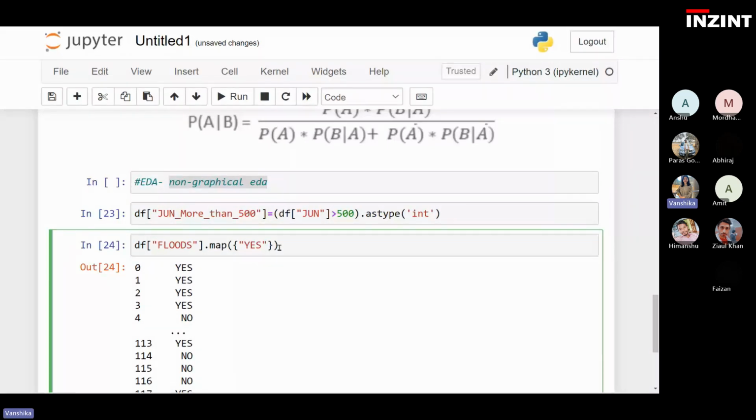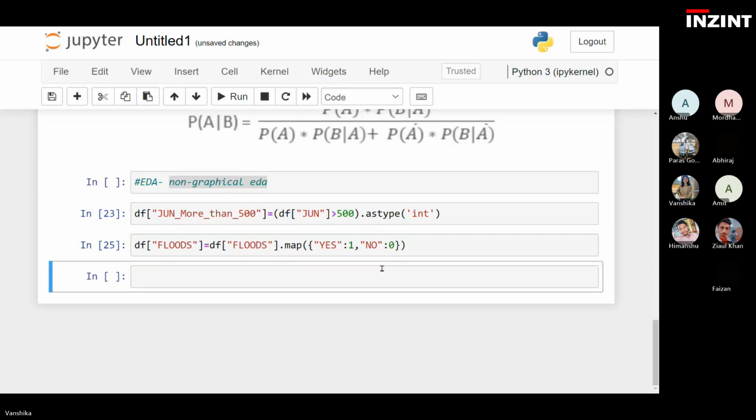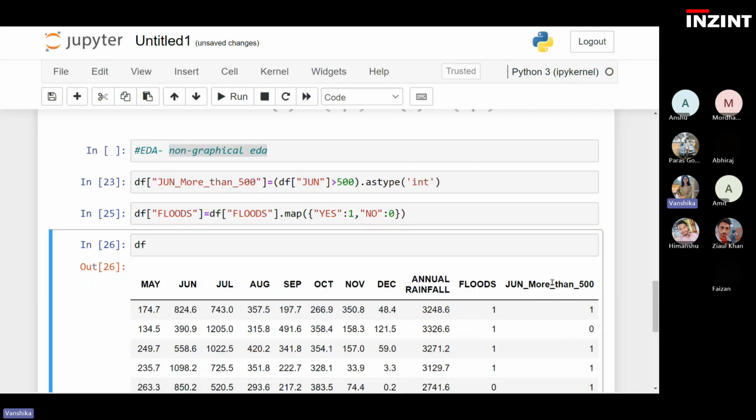Key is the current value and 1 is the value that you provide for the key. That is the number you want to replace it with. And I want to replace no with 0. Okay. And let's store it inside a column. We can rewrite the floods column. So I'll store it in the same column. Let's have a look at the data set. And if I go to the last, I have two new columns, one of floods whose values we changed and one of June rainfall.